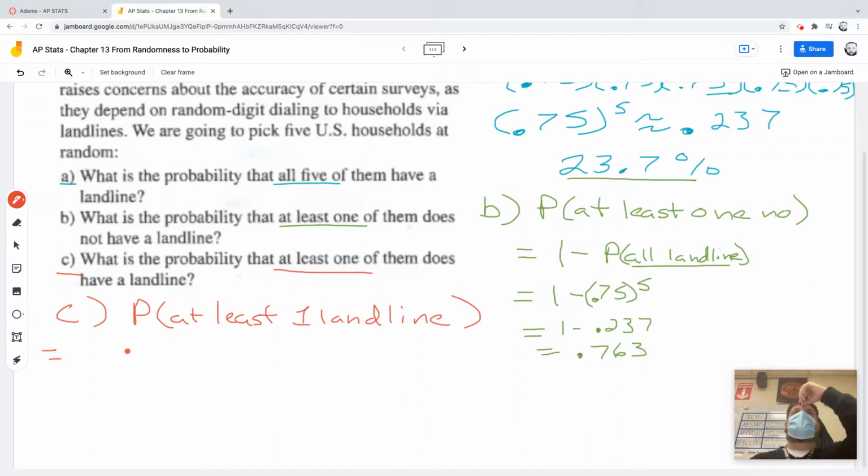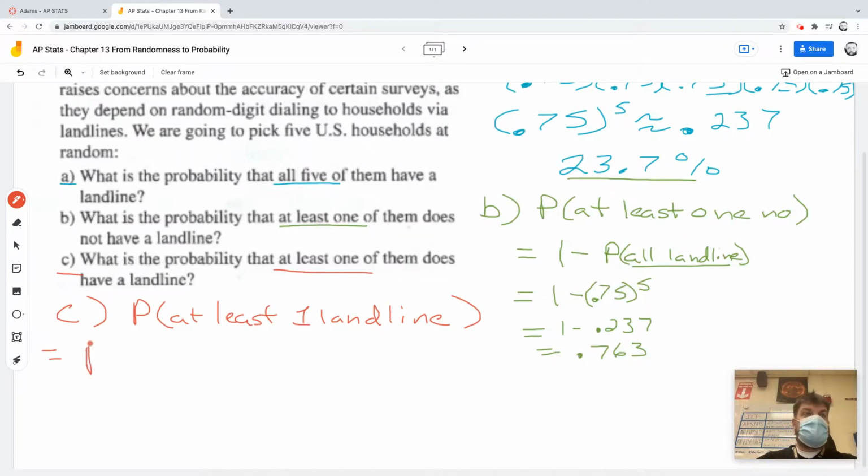I could have 1 that has a landline, 2, 3, or 4, right? But really, it's the complement of no landlines. If I know the probability of having no landlines, the complement of that is at least 1 having a landline, or 2, or 3, or 4, or 5.